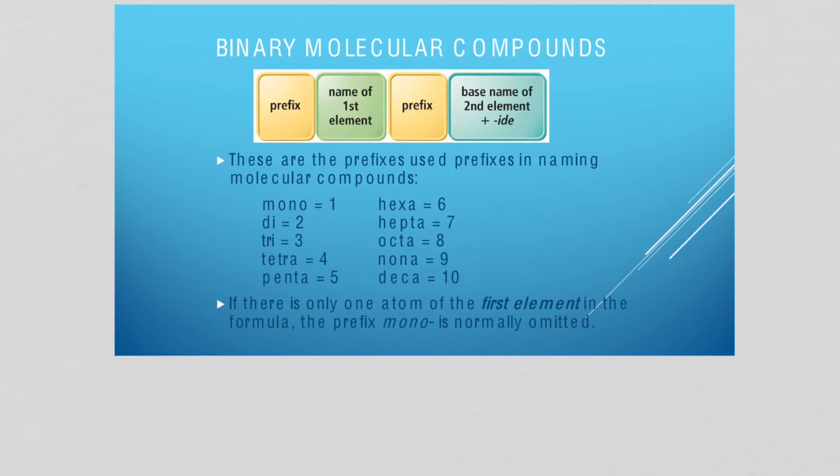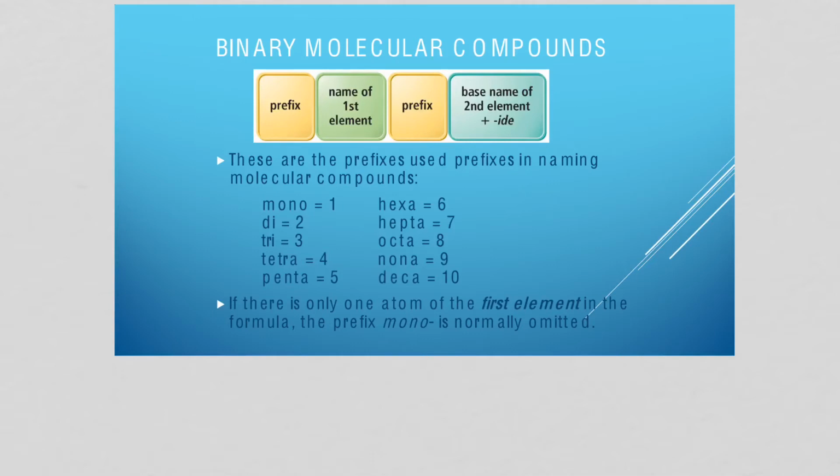So how do we go about doing this? Well, we use a system of what are called prefixes. Prefixes are words that stand for how many of that particular element we have. The basic formula is we have the prefix to stand for how many of the first element in the formula we have, and the second part is the prefix for the second element. Remember, these are binary, so two elements.